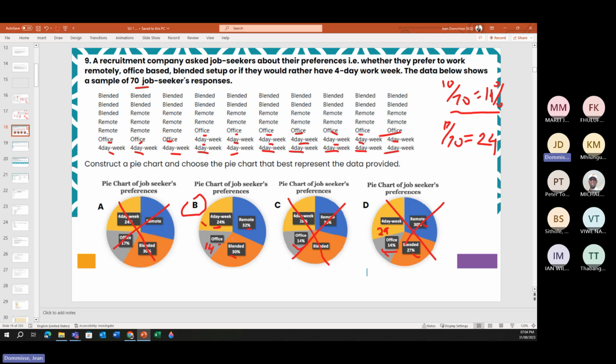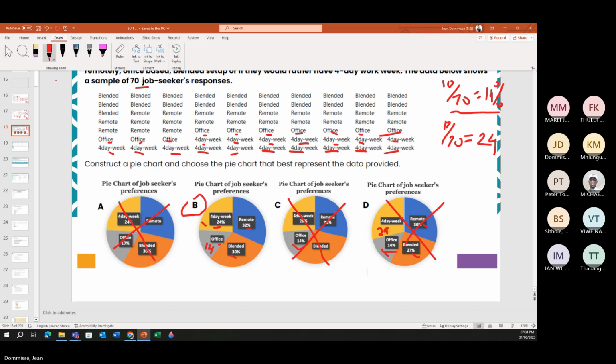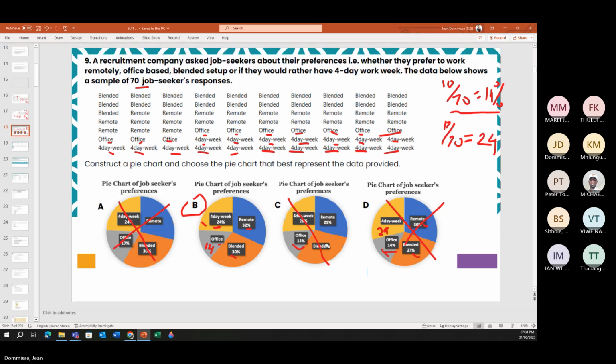You can do it the other way around as well. You can check if you add all the blended, get one of the answers and see if you can eliminate. Already blended would have been those two, so if you did blended, you could have taken out those two in any case.